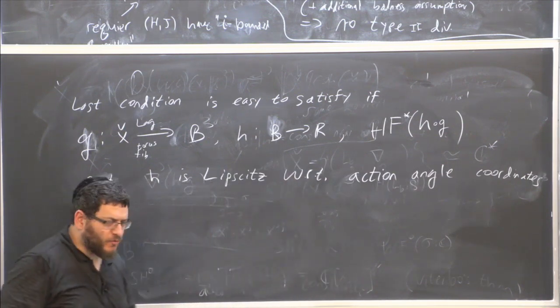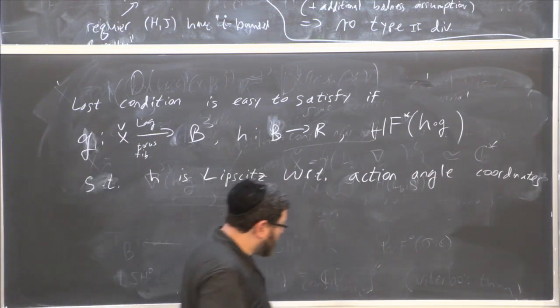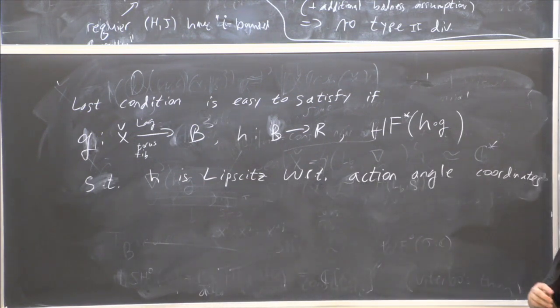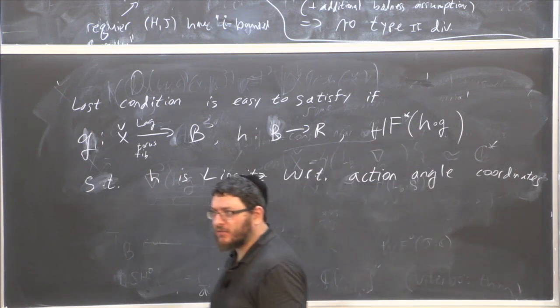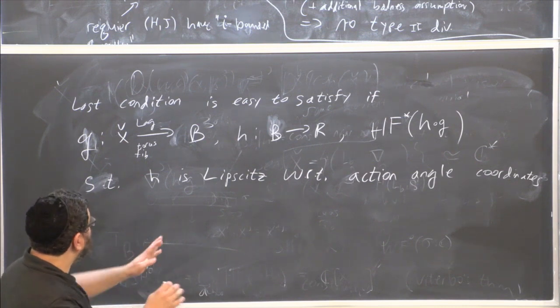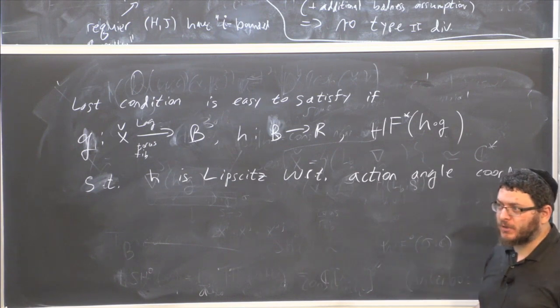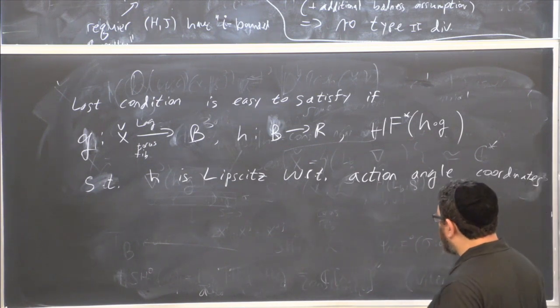Because when you have a Lagrangian torus fibration, there is something called action angle coordinates, which locally, away from singularities, makes your picture look exactly like you're living inside the cotangent bundle of some n-torus.